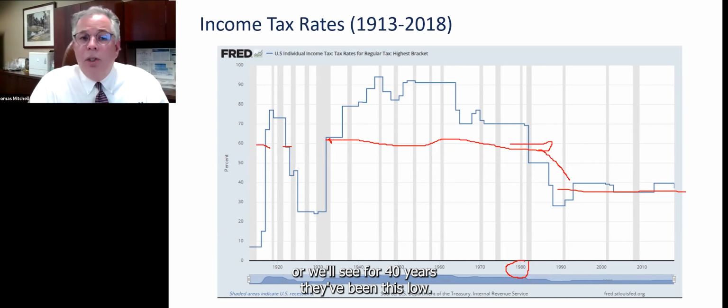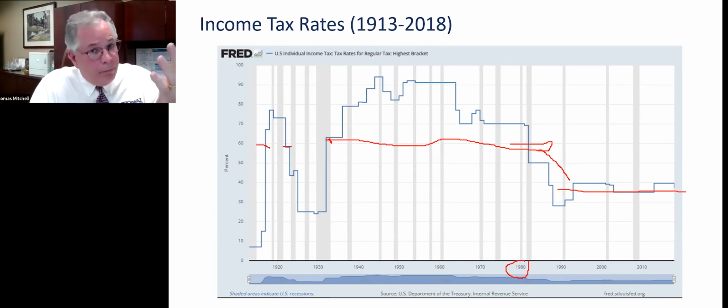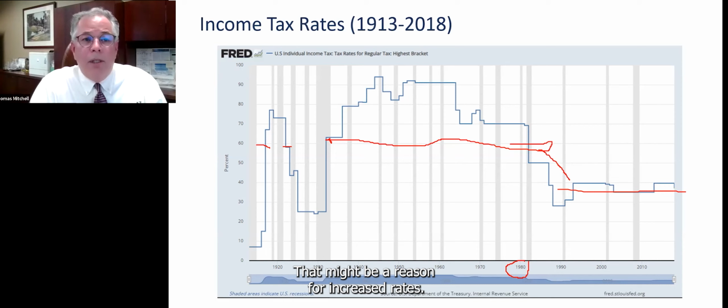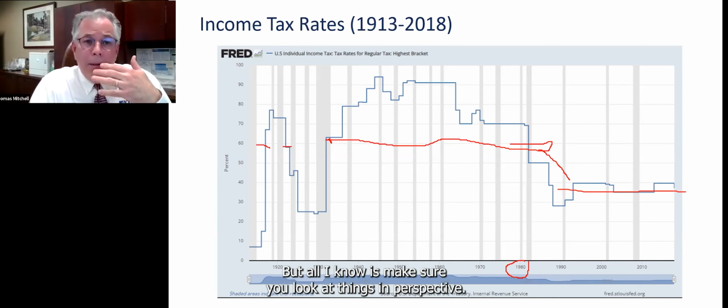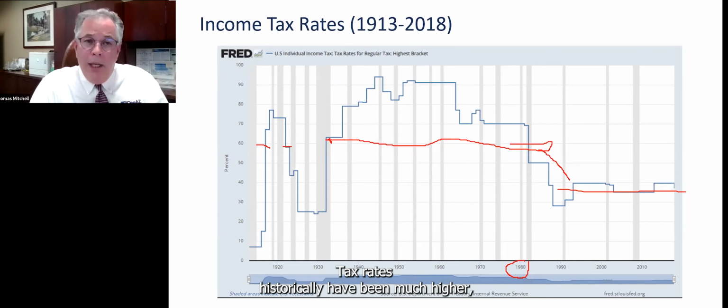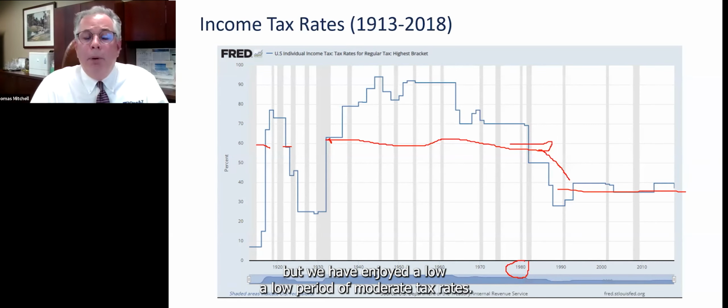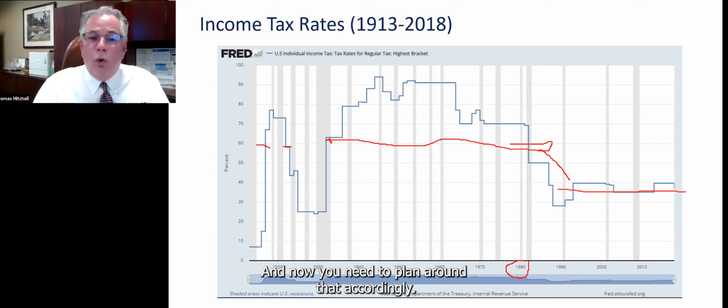For 40 years, they've been this low. Now, will they go higher? They possibly could. In order to pay some of the debt that we have, that might be a reason for increased rates. But all I know is make sure you look at things in perspective. Tax rates historically have been much higher, but we have enjoyed a low period of moderate tax rates, and now you need to plan around that accordingly.